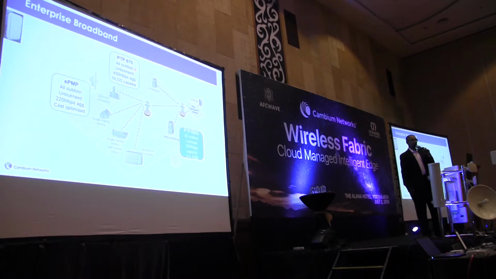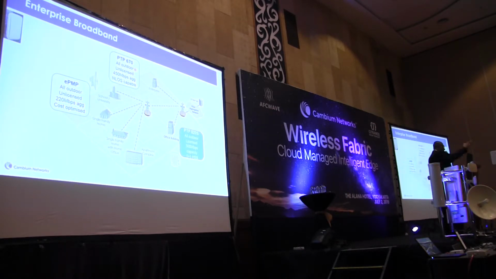So that's for SmartFriend or Telkomsel? SmartFriend link, where we are actually bouncing on a building and getting reflected. We get about 30 meg. Abdi, 30 meg? Yeah, 30 meg. Total non-line of sight. So PTP 670 can do that. Near line of sight, non-line of sight, and line of sight. So three options.